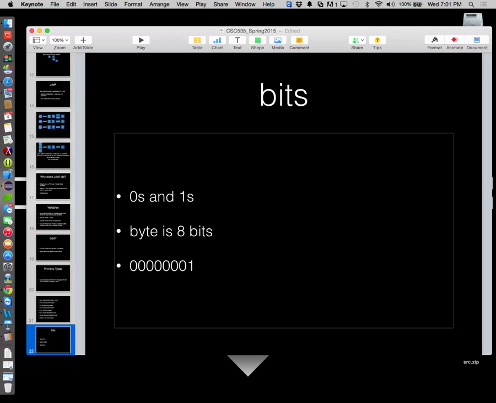That's the number 1 in 8 bits. Make sense? The number 2 in 8 bits is that. Now, as computer science technology people, we should all know how binary works. So let me explain it to you.